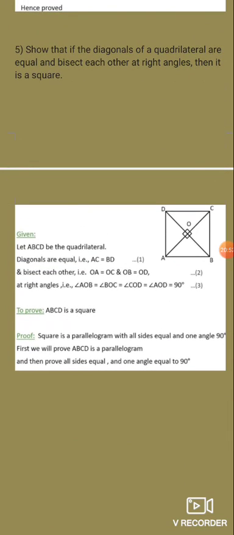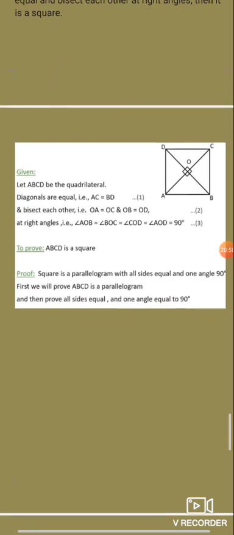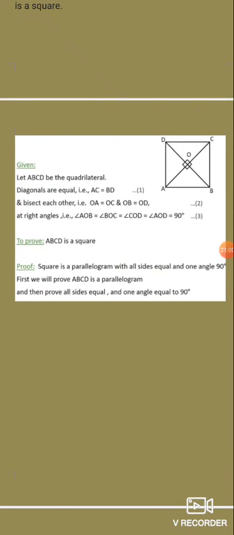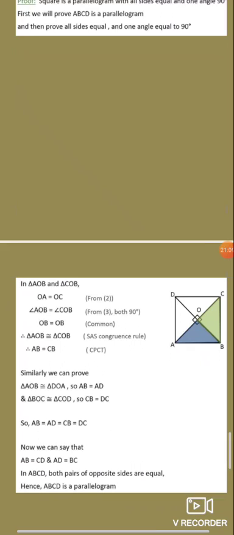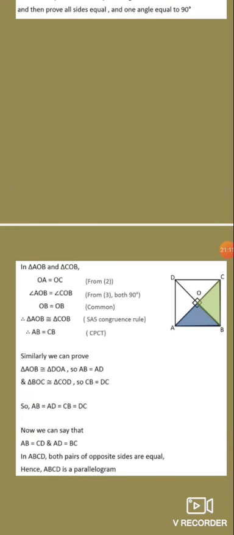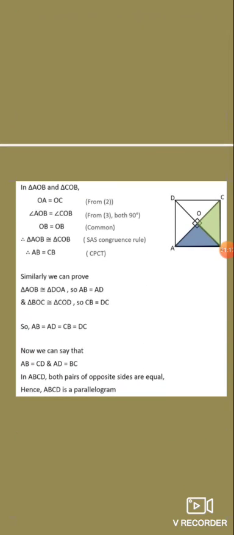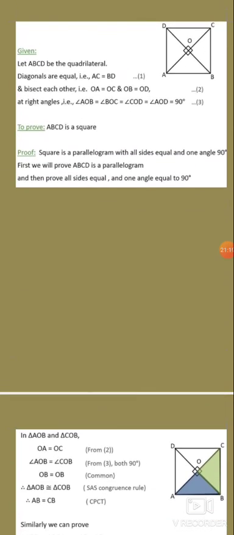Now the square is a parallelogram with all sides equal and one angle 90 degrees. First we will prove ABCD is a parallelogram, and then prove all sides equal and one of the angles 90 degrees. For that, in triangles AOB and COB, OA is equal to OC.